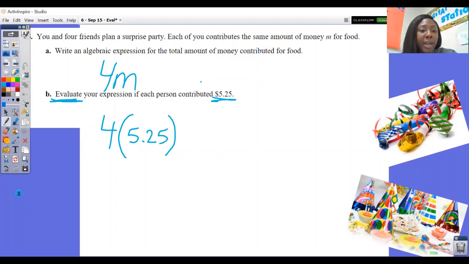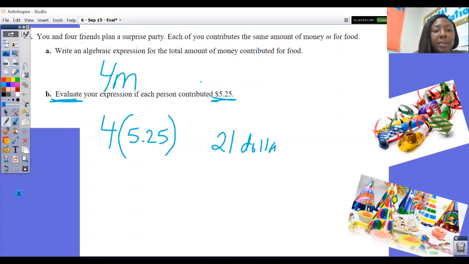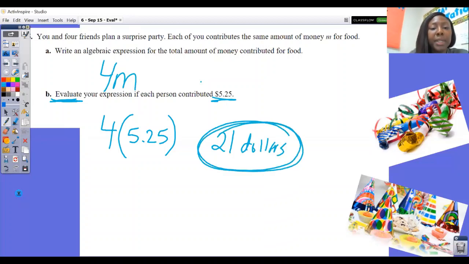So let's go back and use our calculator. 4 parentheses, 5.25. And we'll see how much money was contributed totally. And that would be $21. So $21 is the total amount of food that was bought, $21 worth of food.